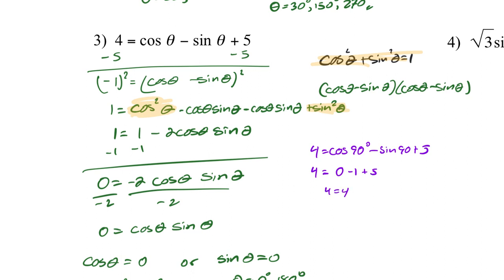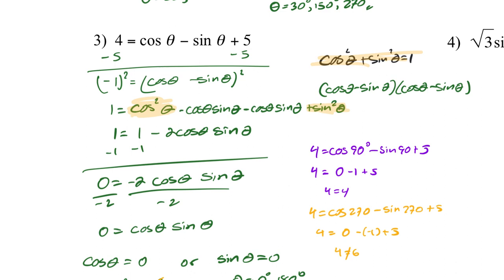Then I'm going to do the same with the 270. So 4 equals cosine of 270 minus sine of 270 plus 5. So I got 4 equals 0 minus negative 1 plus 5. So I got 4 equals 6. So this is not true. So that means that 270 is not a solution.